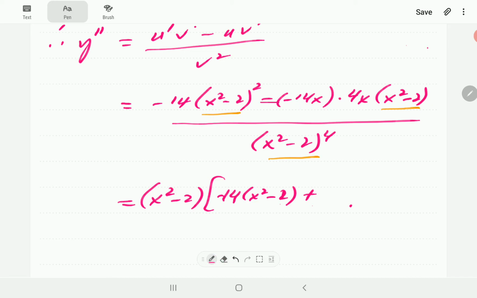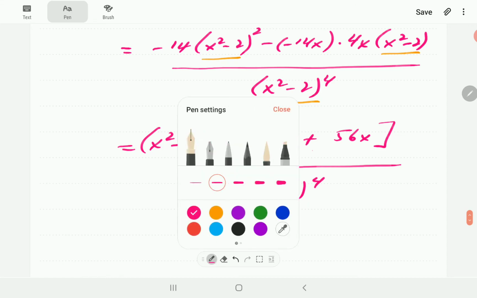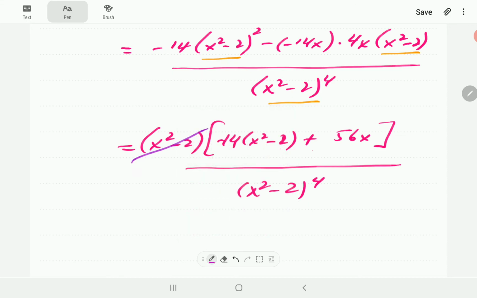This second term is going to be plus because of the two negatives there. 14 times 4 is going to be, so 4 times 4 is 16, then 4 times 1, so it's going to be 56x. And that's just going to be that because x squared minus 2 has already been factorized. Then this is divided by x squared minus 2 all to the power 4. So this is going to cancel out with one of those.